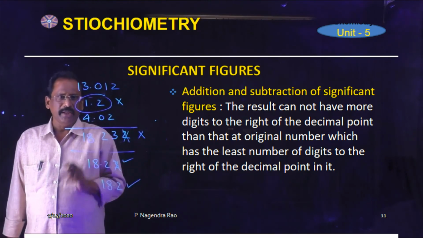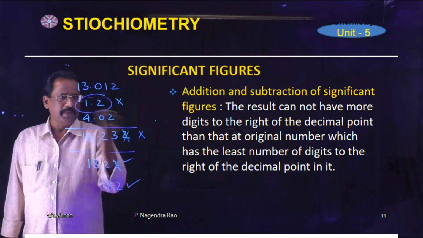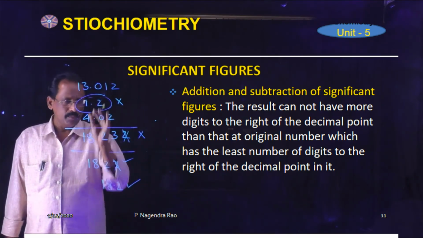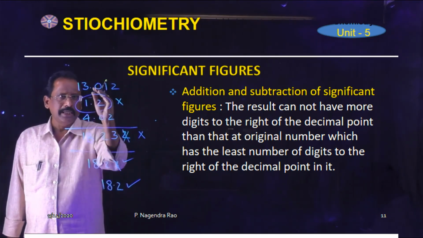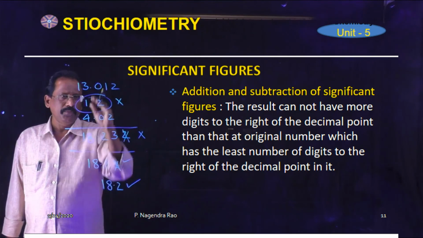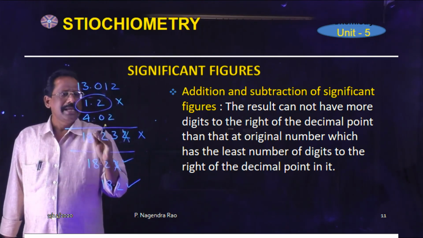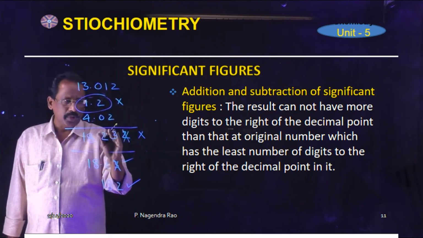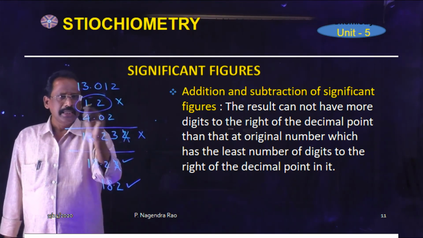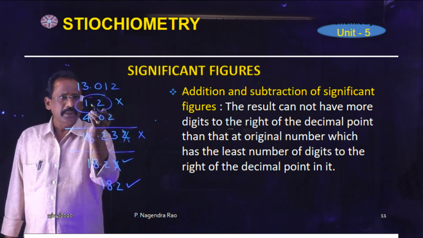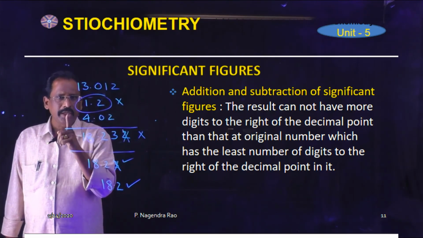That is the meaning of addition and subtraction. Follow the same concept in the subtraction of the values also. So if you add these 3 values, the actual answer is 18.232. But this is not the correct answer, because the second value has only 1 digit after the decimal point.